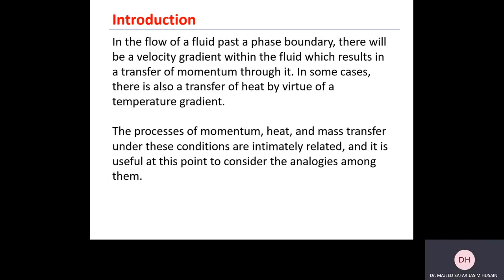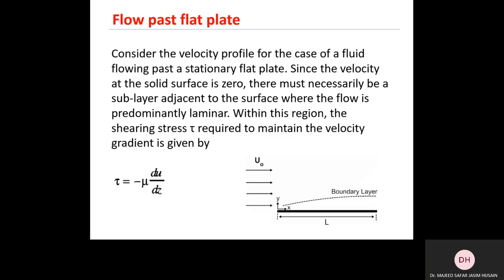Okay, let's proceed more. Consider the velocity profile for the case of a fluid flowing past a stationary flat plate. From fluid mechanics, you have taken fluid passing a flat plate. If you look at the diagram in front of you, there is a fluid with velocity U0 flowing past a flat plate. There will be a velocity gradient.